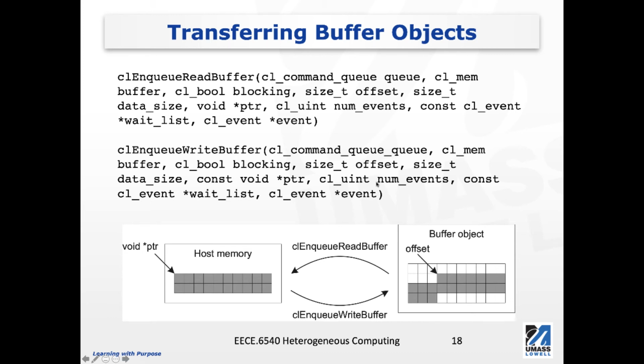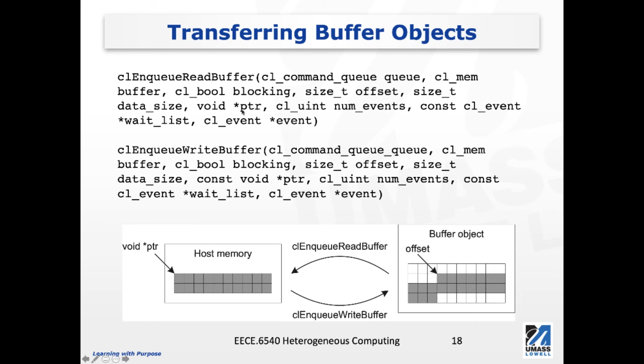We can use this offset to indicate which exact location in the buffer object we want to perform the copy. So if you only want to overwrite a certain region within the buffer object, you can use this offset to indicate that.